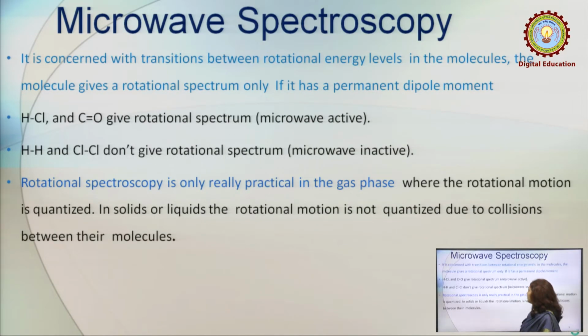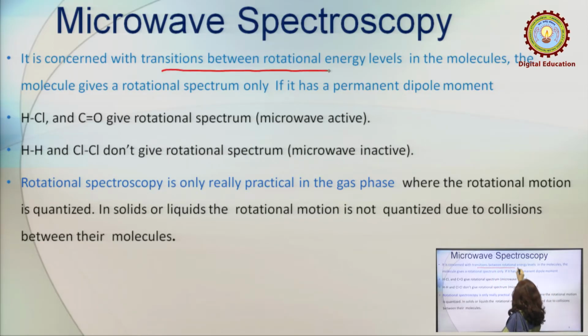Now, first of all, what is microwave spectroscopy? Microwave spectroscopy is concerned with transition between rotational energy levels in the molecule, and the molecule gives a rotational spectrum only if it has permanent dipole moment.